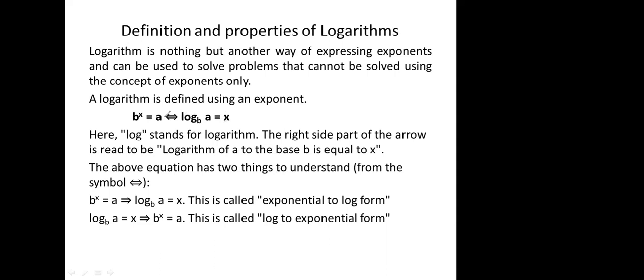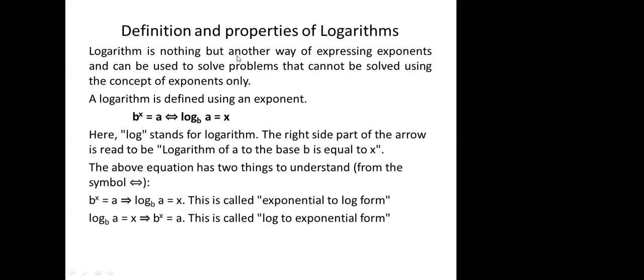Because the sign is reversible, b to the power x equals a leads to log base b of a equals x. This is the exponential to logarithmic form, or the other way around, the logarithmic form to exponential form. So if I have this, I can get this, or vice versa.